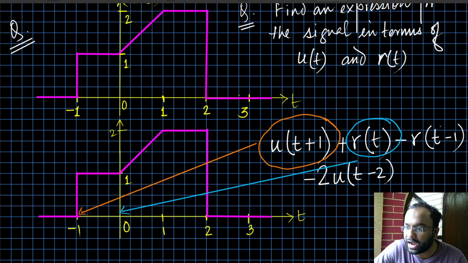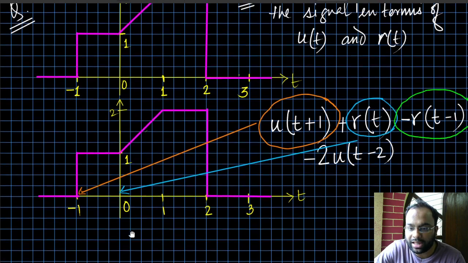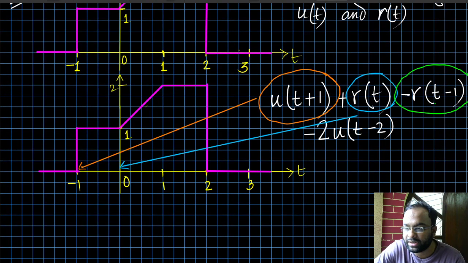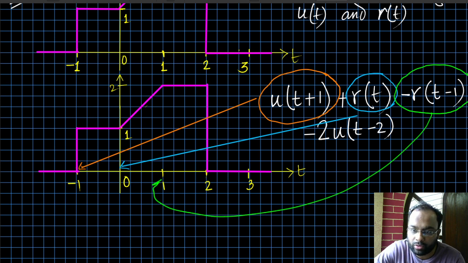Then we have -r. Then we have this portion, which is -r(t-1). Of course, that corresponds to a point at t equal to +1, right? So of course, this is because something did change at t equal to +1. So this corresponds to this point.